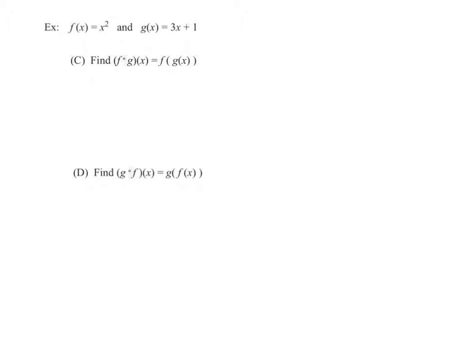Another composition can be written without a numerical value at all, when they just use plain x. This is just read f of g of x. So I still need to do the same thing. I work towards the innermost part, which is g of x. But this time, instead of getting a numerical value for g of x, it'll be the entire g of x function itself, which is 3x plus 1.